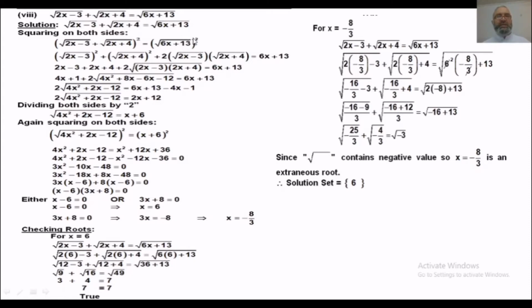On the right side, square cancels with square root, we get 6x plus 13. And on the left side we have, by formula, a square plus b square plus 2ab.